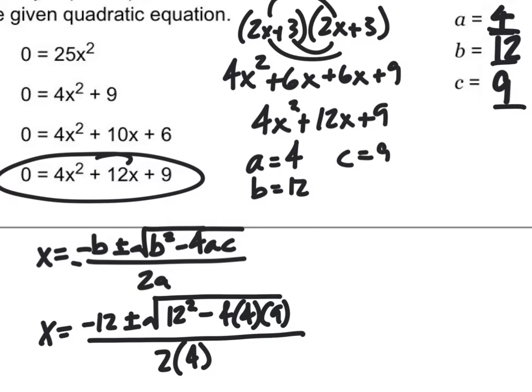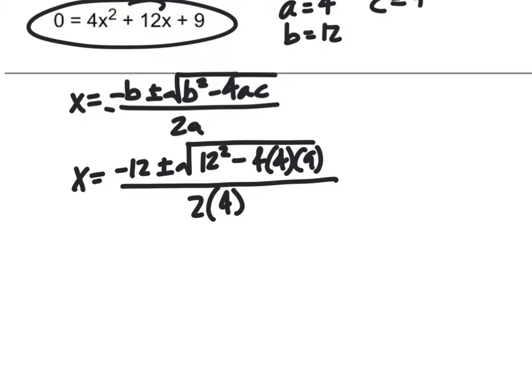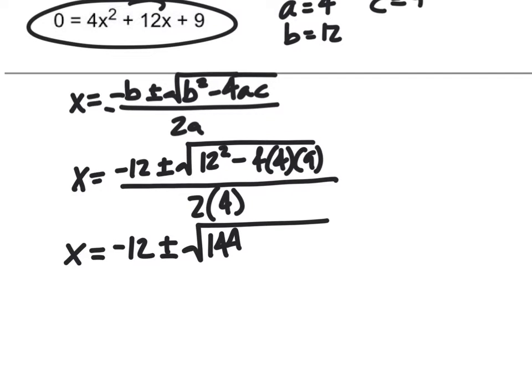So if we evaluate this, that's going to give me x is equal to opposite 12 plus or minus the square root. 12 squared is going to be 144. And then 4 times 4 times 9, let me get the calculator out. 4 times 4 times 9 is going to give us 144.